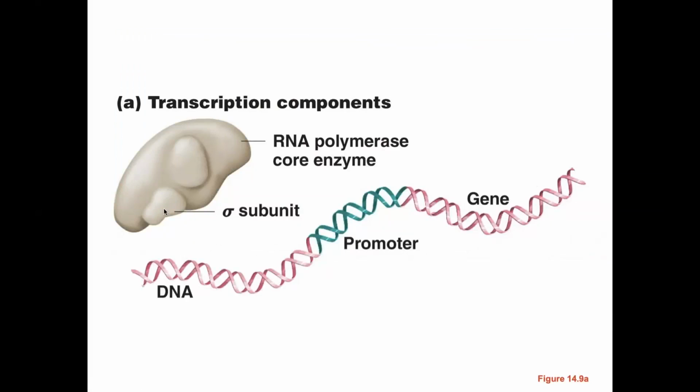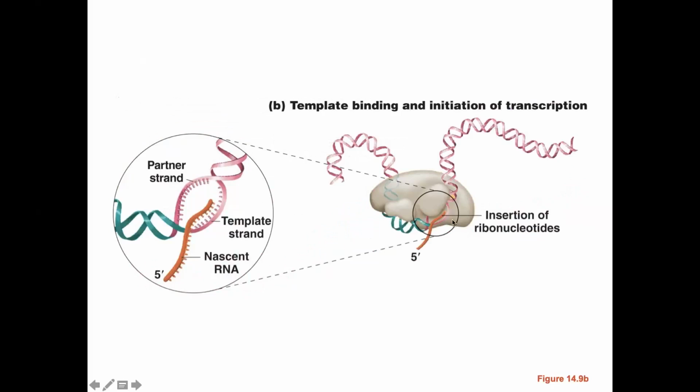So then once it binds to double-stranded DNA, it can move along that structure until it finds a promoter, and the sigma subunit recognizes the promoter. So what happens is that there is a clamping down or a tighter binding that occurs through that recognition process.